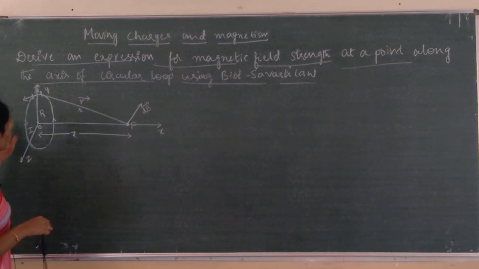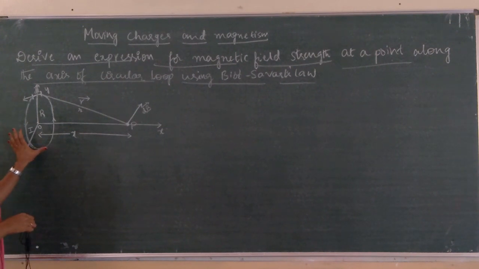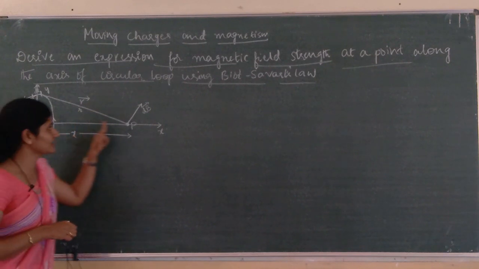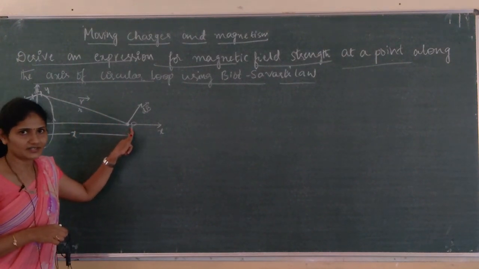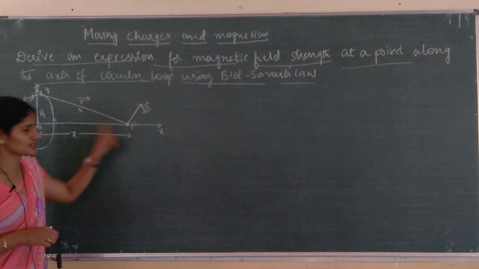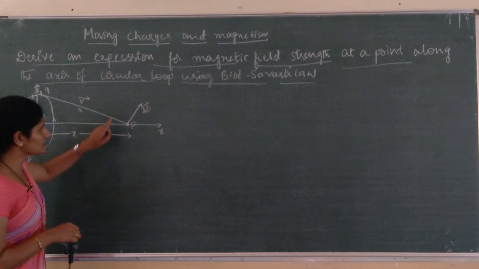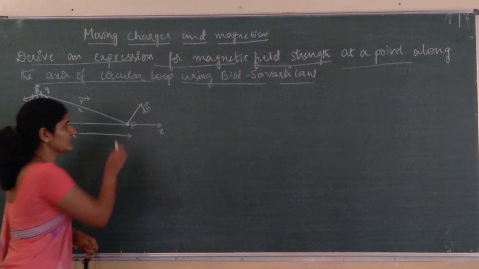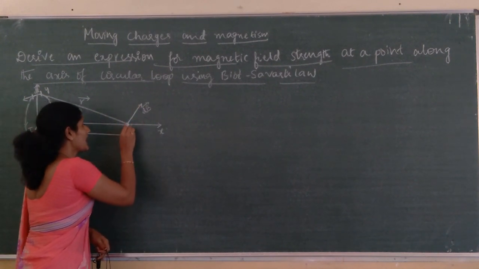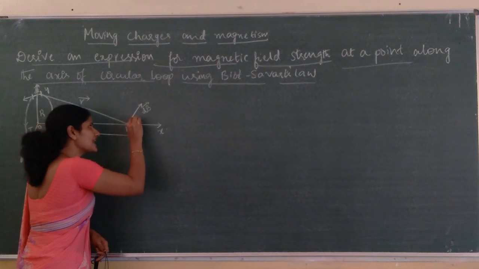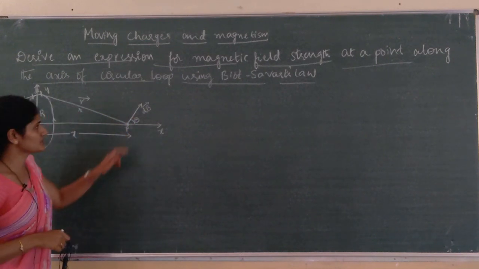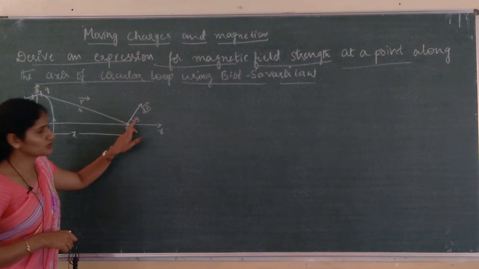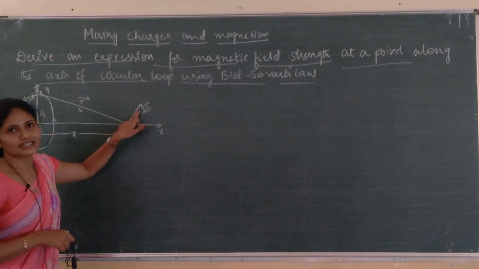This circular loop is placed in the yz plane and the point is along the x axis. So this dB vector is making an angle theta with the x axis. I will denote this angle as theta, the angle between the x axis and the dB vector.